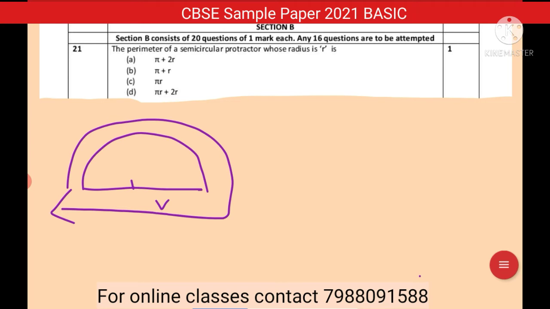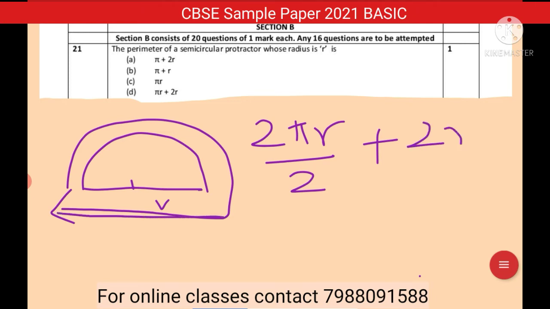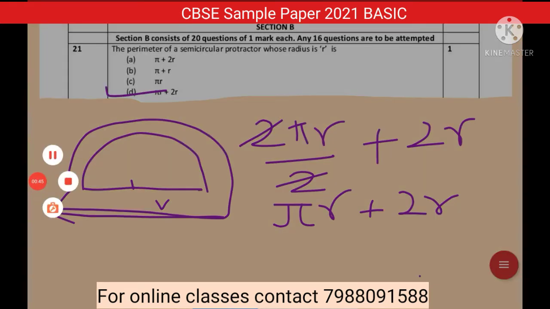So what we are doing is half the circumference, that is 2 pi r by 2, plus this diameter means 2r. So this gives us the answer as pi r plus 2r, and hence D is the correct option. So I hope you understand this.